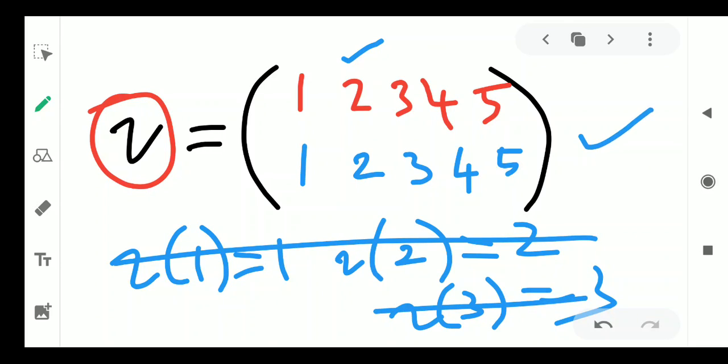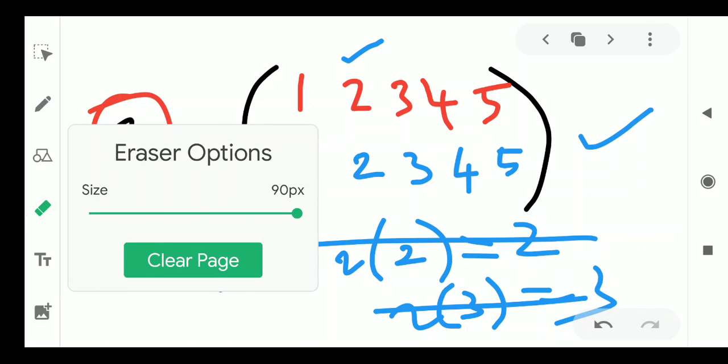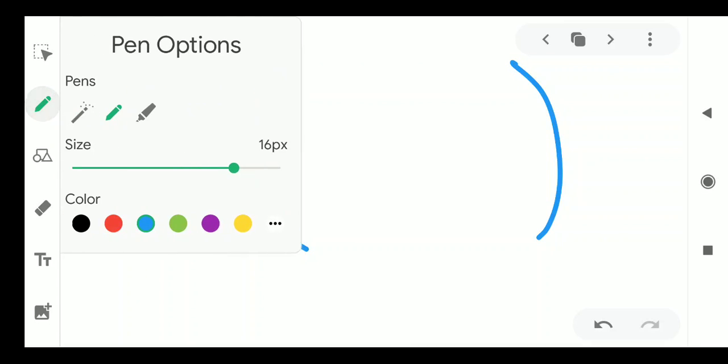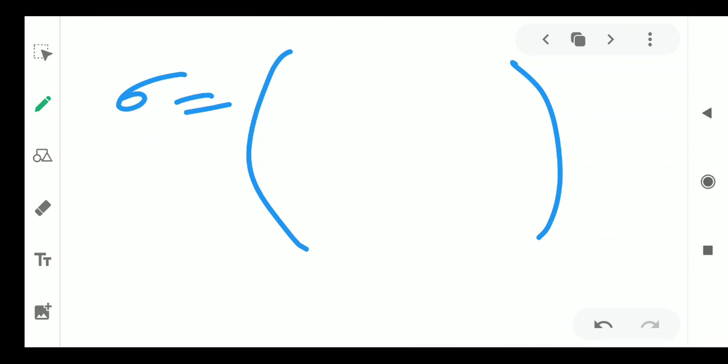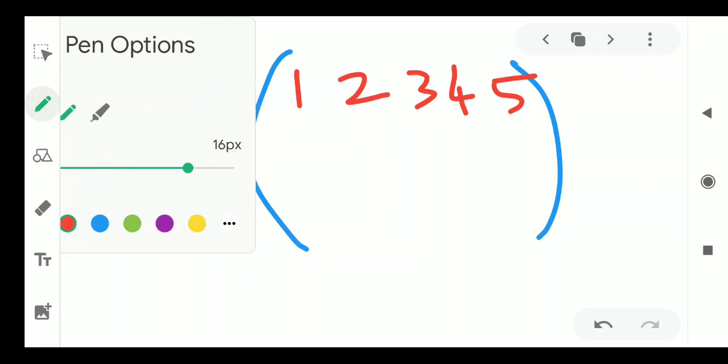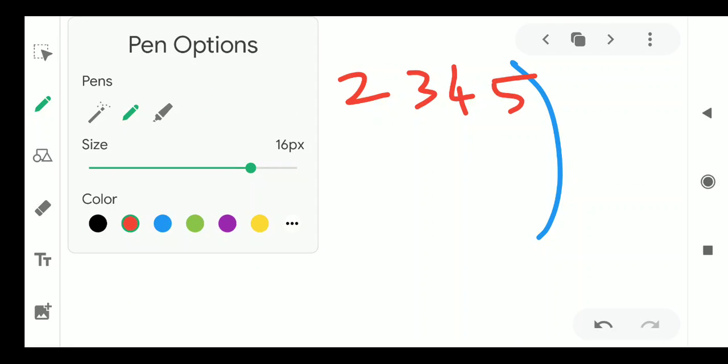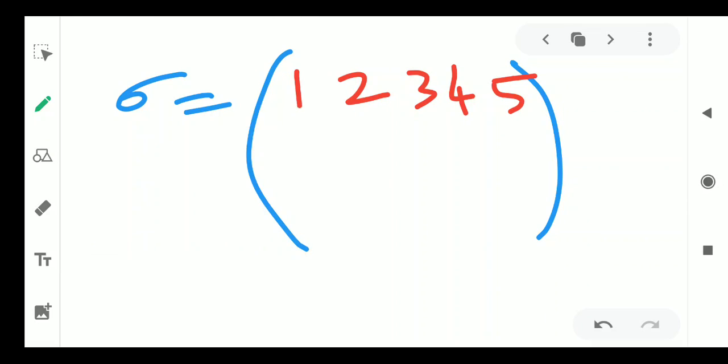Now let me have one more example in S5. Let me take something general. Sigma is equal to, say, the elements in the first row the same as 1, 2, 3, 4, 5. These are the elements in that A. Now let me map 1 to say 3.